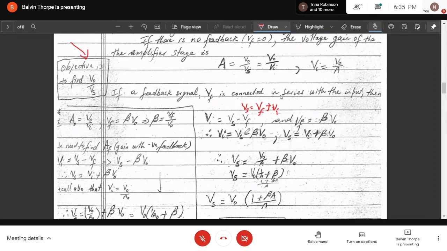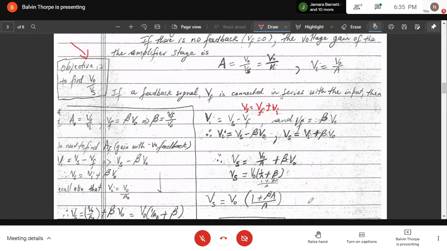Because we know what VF is, we can put that into this expression to make VI equal to VS minus beta VO. But we also know that VS equals VI plus VF, which is what we have here.